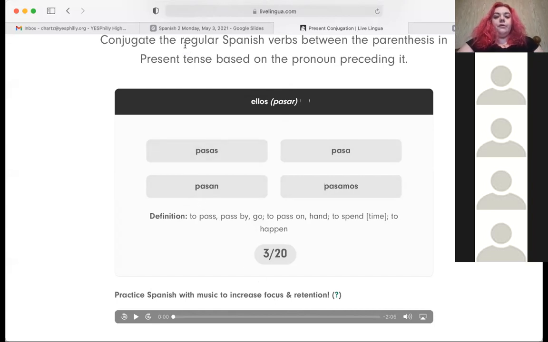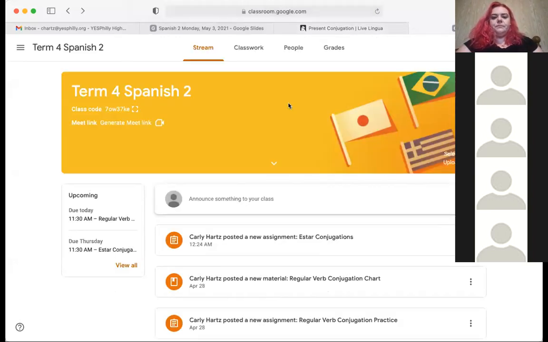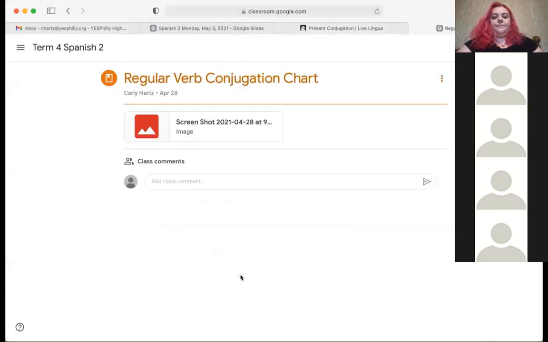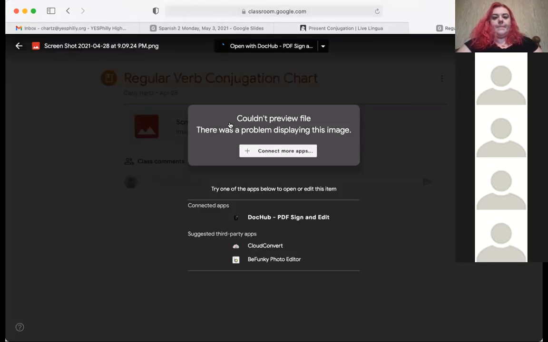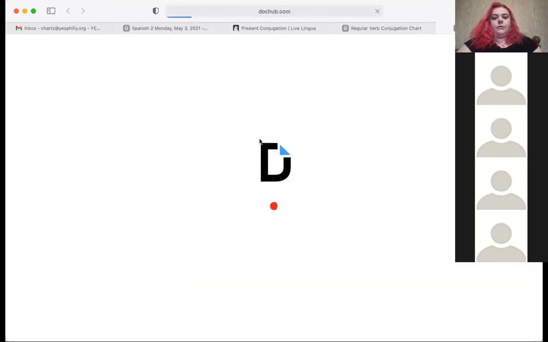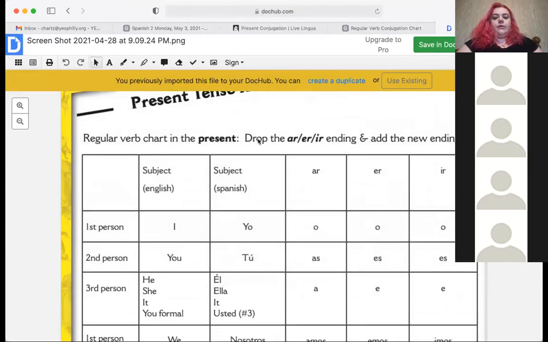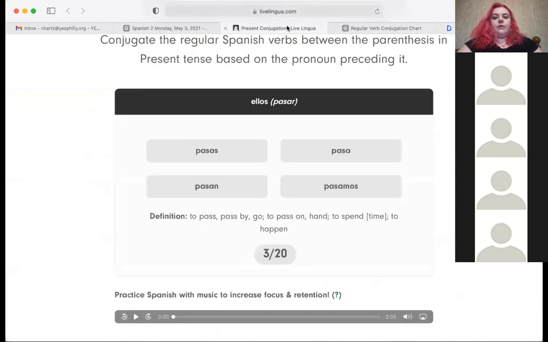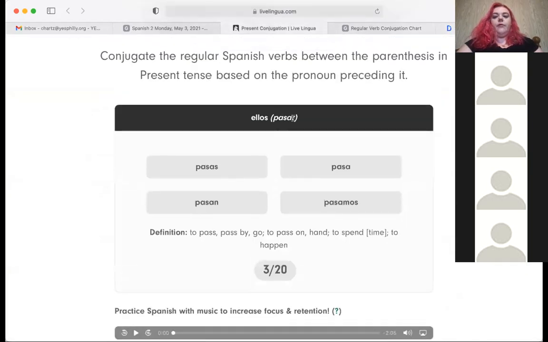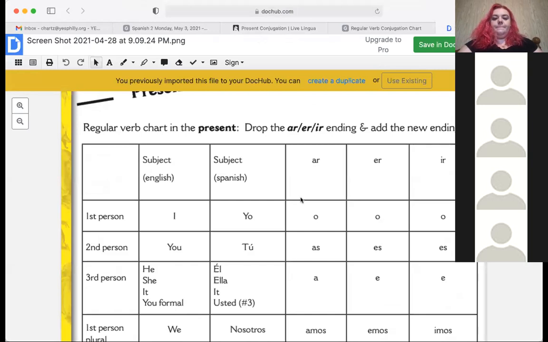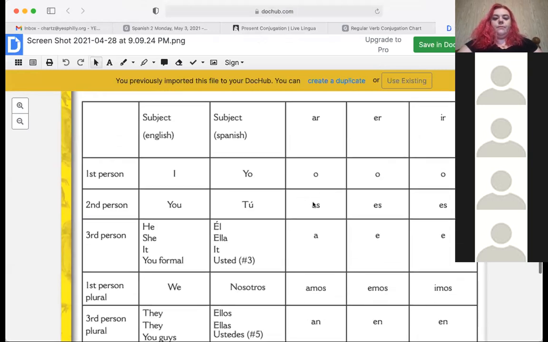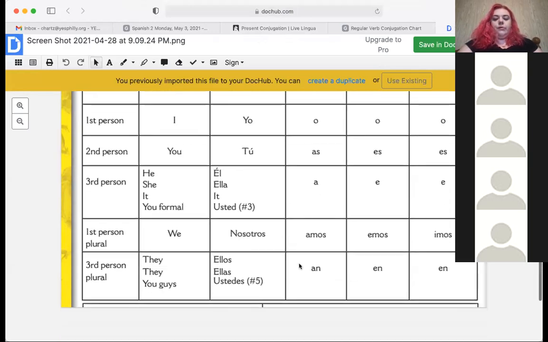Okay, so let's go over this one. I got your message, Shalima. So remember for the ellos form, let's go back to our chart here. You can see it's an AR verb, right? Here's our AR chart and ellos. So which ending are we going to use?